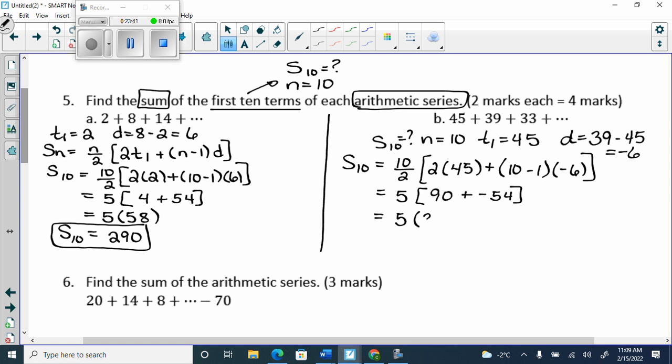No, it should be 90 minus 54. And then what's 5 times 36? Did you have a positive 6 instead of a negative 6? Because 9 times negative 6 would be negative, right? What's 5 times 36?